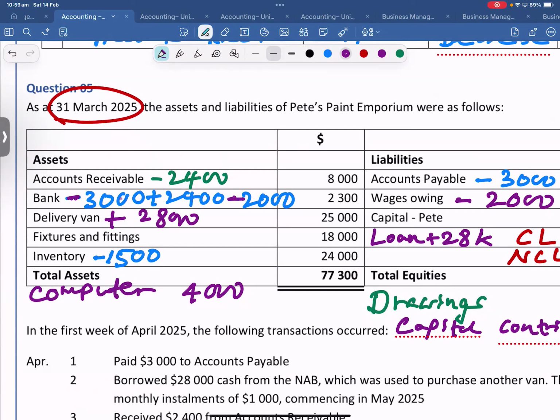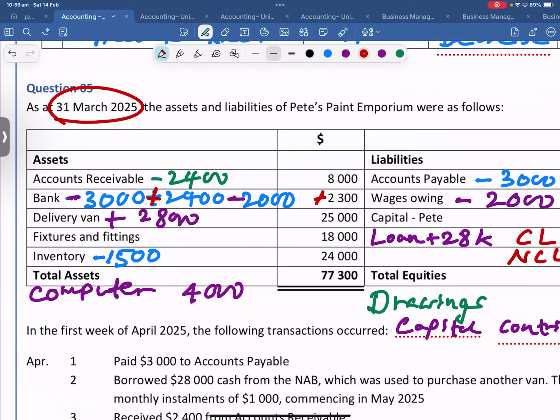Minus 3,000 and minus 2,000 is minus 5,000. Then these are plus 2,400 and plus 2,300, which is 4,700. Ah, you are correct. It is not 700, it is 300, yes?